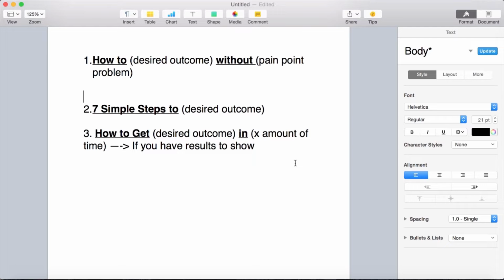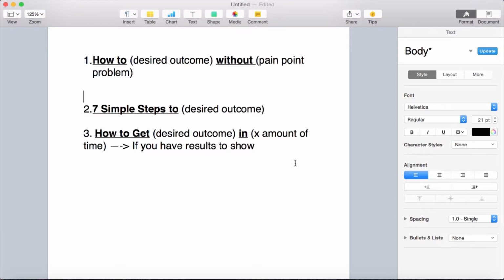You don't have to use this to the T. I switch mine around, and the better you become with this, the more extravagant you can get with creating your bait. But if you're brand new at this, I would highly suggest sticking to a template similar to this for coming up with your bait. This is kind of a foolproof way of coming up with something that has a good chance of working.